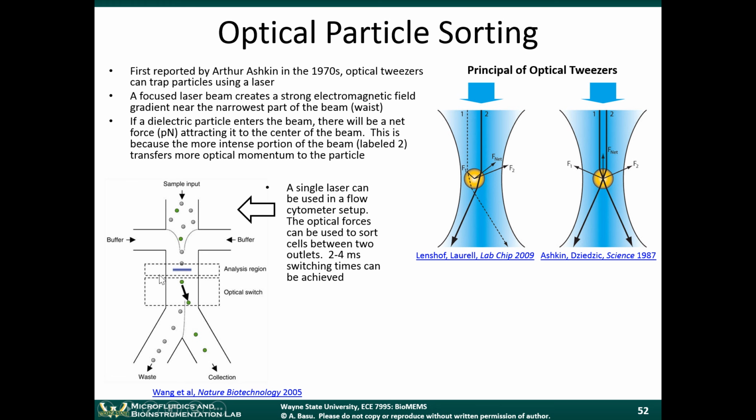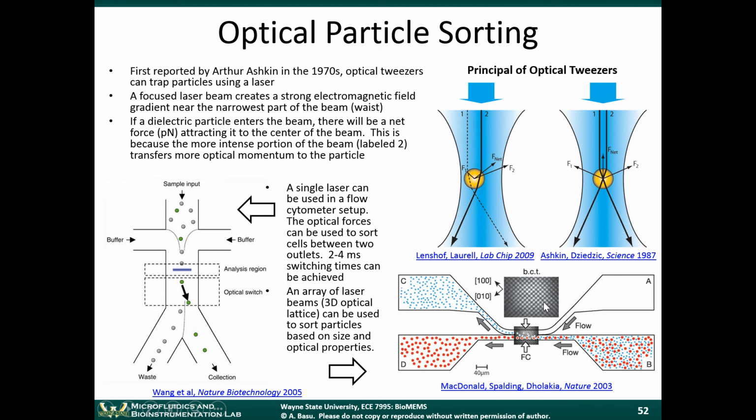For example, you might say we're going to sort the fluorescent cells in one direction and non-fluorescent cells in the other direction. The nice thing about working in the optical domain is that it's very quick. I mean, you could turn on and off lasers at femtosecond speeds. So you can sort very, very rapidly.